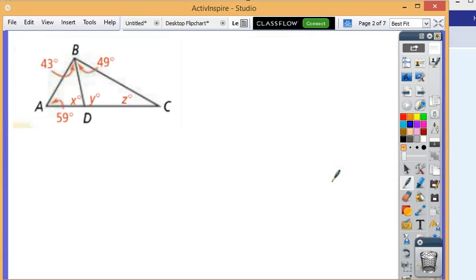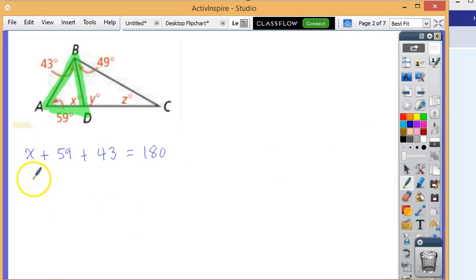All right, what does this mean? When you have a situation where you've got a bunch of variables and a bunch of angles, you can find the values of the missing angles by knowing that the sum of the interior angles is equal to 180. For example, I could solve for x by saying x plus 59 plus 43 equals 180, because in triangle ABD, I have interior angles x, 59, and 43, and their sum comes out to be 180.